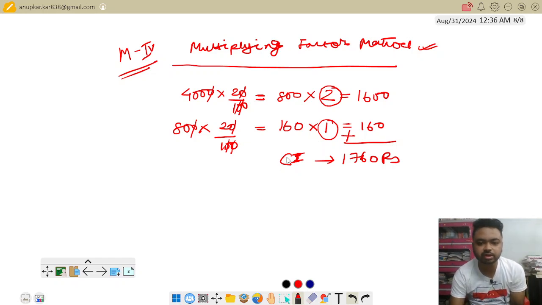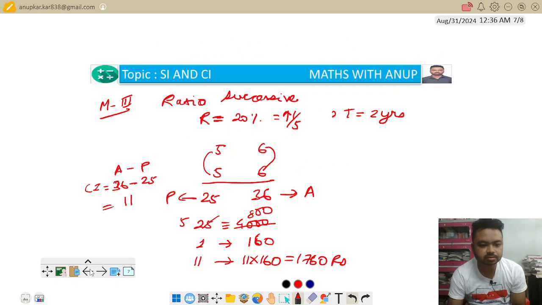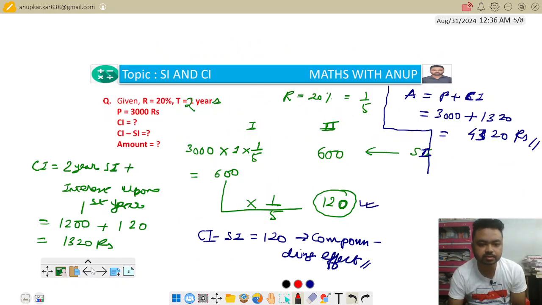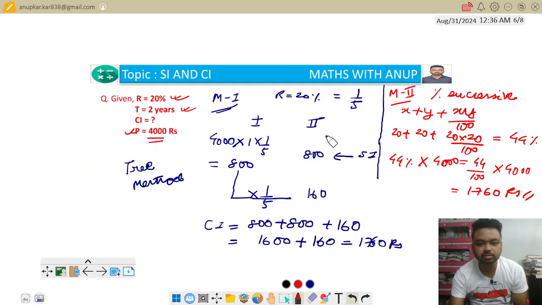I am telling you why 2 and why 1, because you can see from here, you see 800 and 800, the same value is coming twice, 160 is coming once.